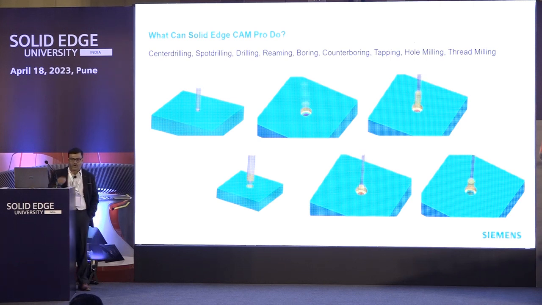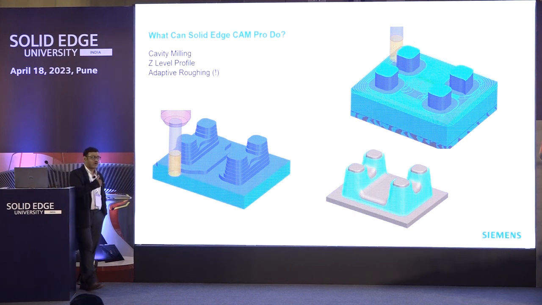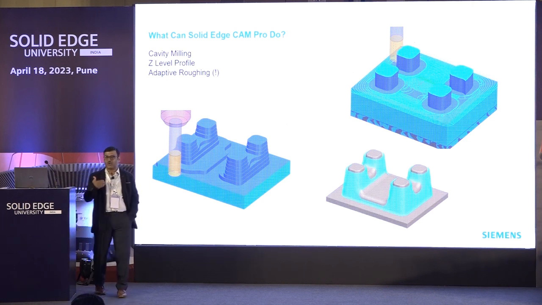All those operations which we see on the slide are possible with our Solid Edge CAM Pro today. This is just a beginning for all of us, but you can expand it. I know a lot of customers here want to do mold and die, right?